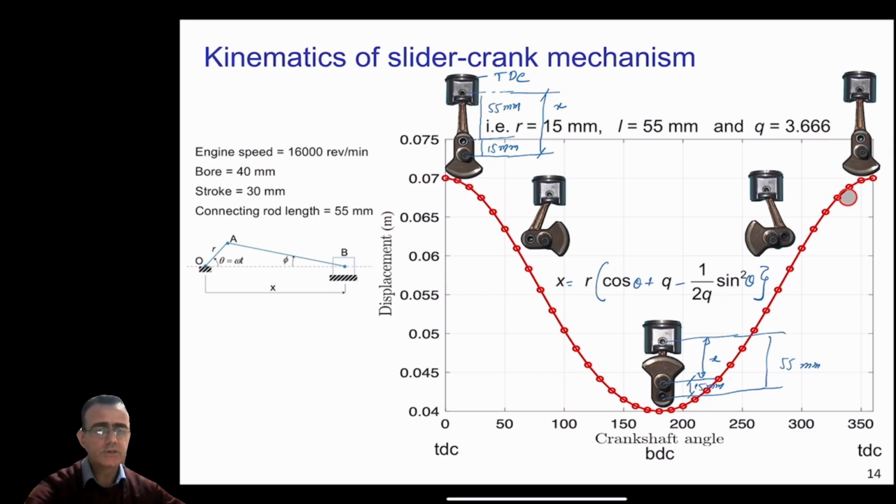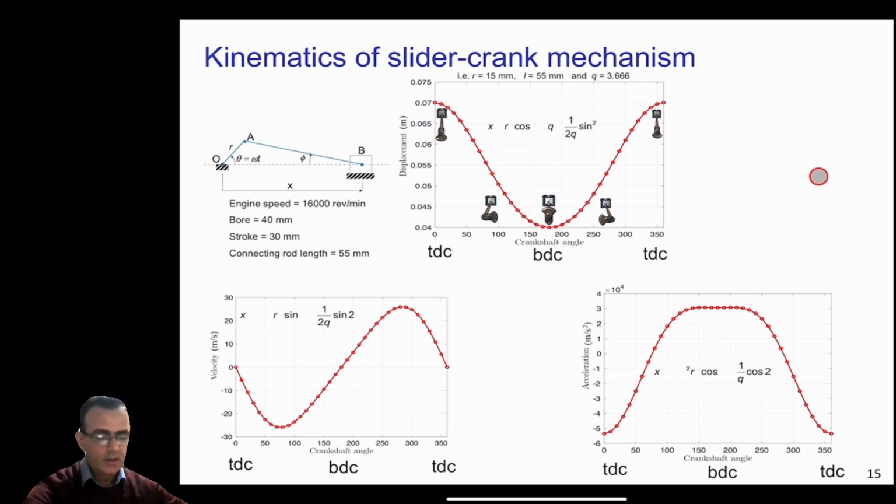Now, in addition to this, we can also plot the displacement which we already discussed, and then we can also plot the velocity and acceleration. So as you can see, this is our displacement here. Again, there is a little bit of a problem with the equations.